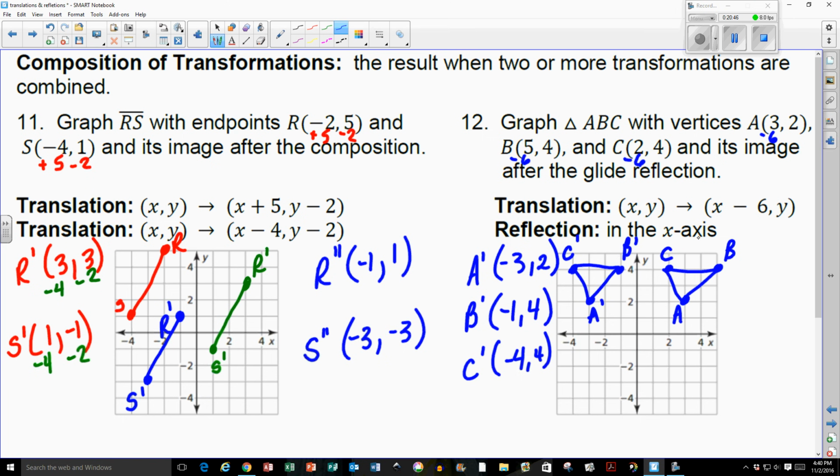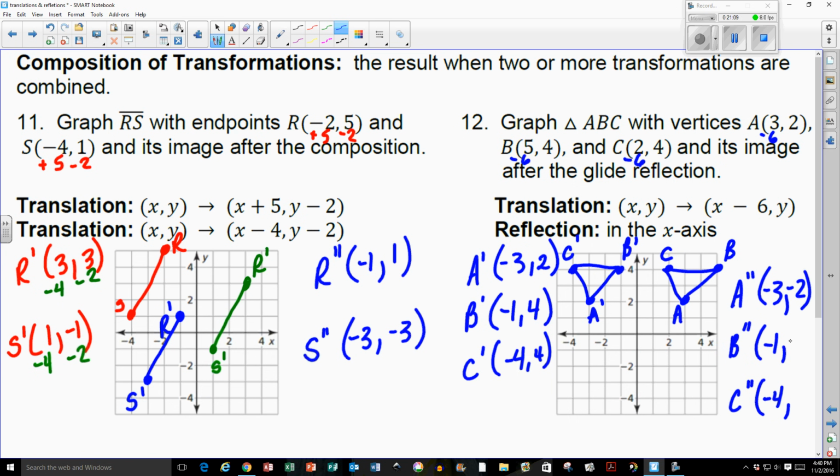Then it says reflect over the x-axis. Remember when we reflect over the x-axis, x stays the same. So now I've got double prime, double prime, double prime. So I'm going to write all my x values because they're going to stay the same. And then remember the y values just become opposites.